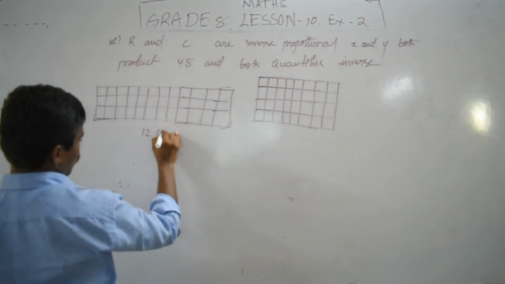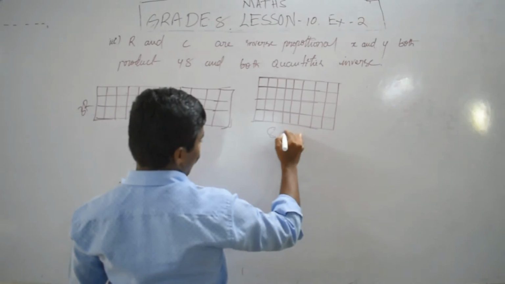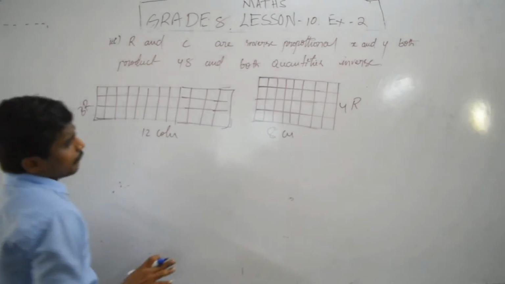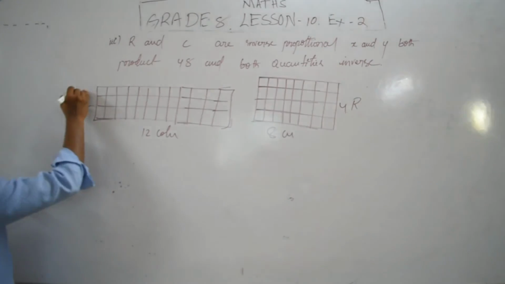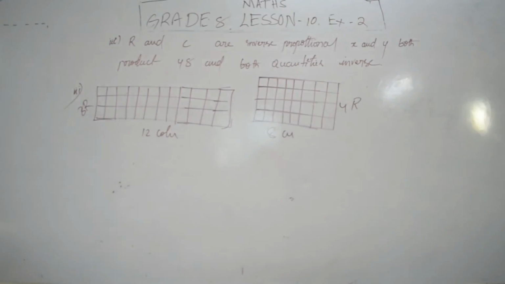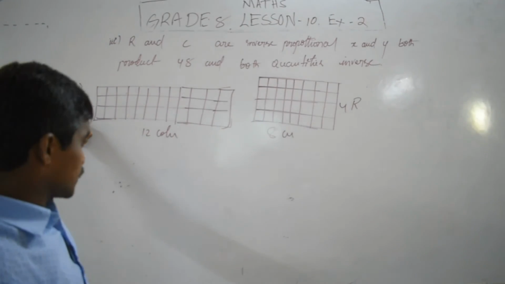Here 12 columns, 3 rows. Here 9 columns, 4 rows. So we can do these activities. So here see, 12 3s are 36.